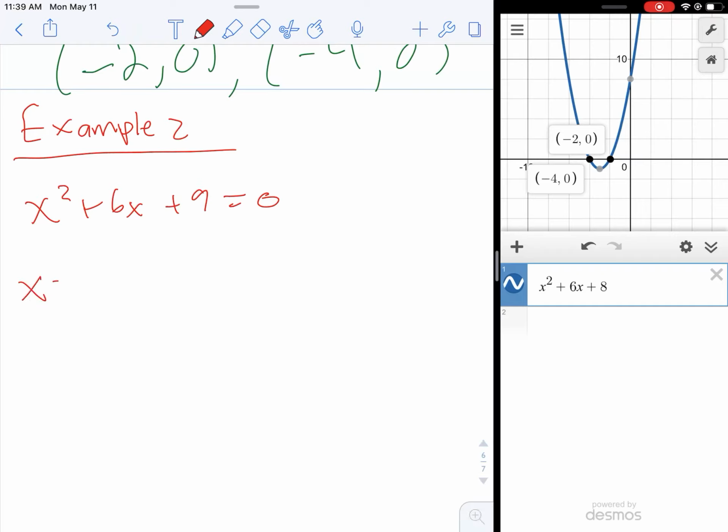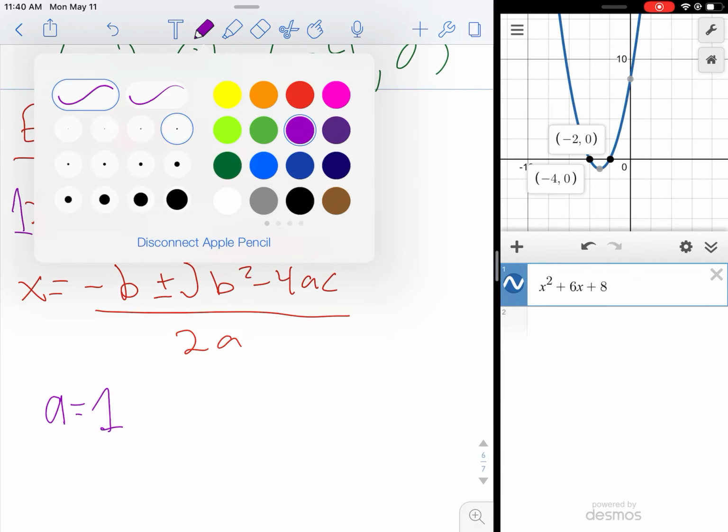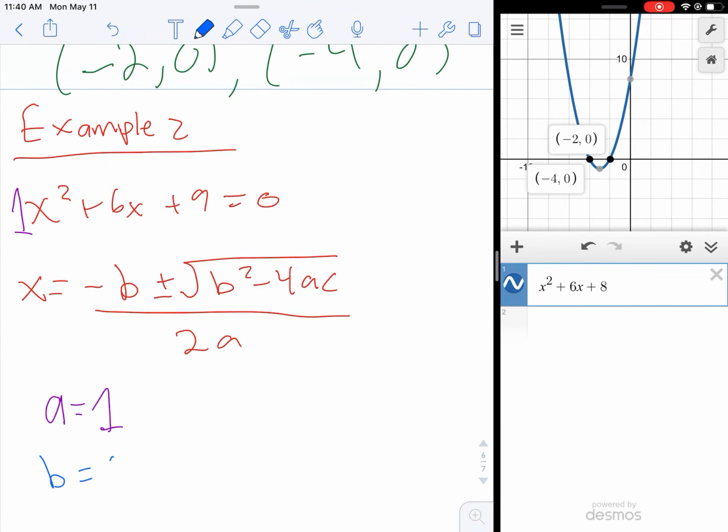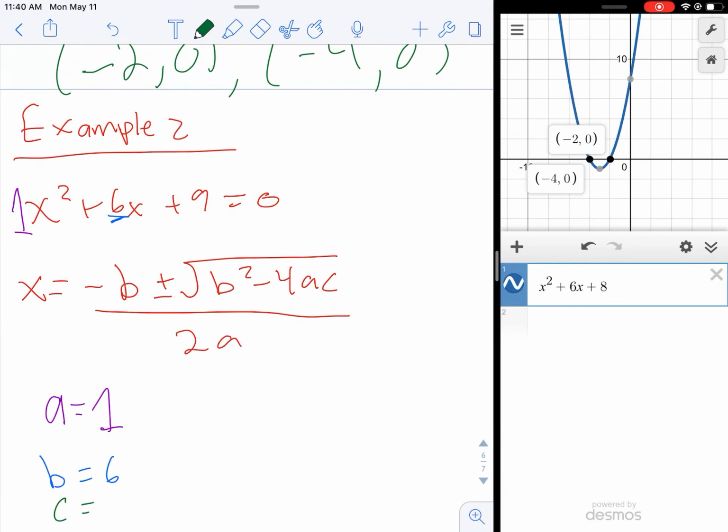So we have x equals negative b plus or minus the square root of b squared minus 4ac all over 2a. Okay, let's identify our a, b, and c. A is going to be 1 because there's a 1 here. B is going to be 6. And C is 9.